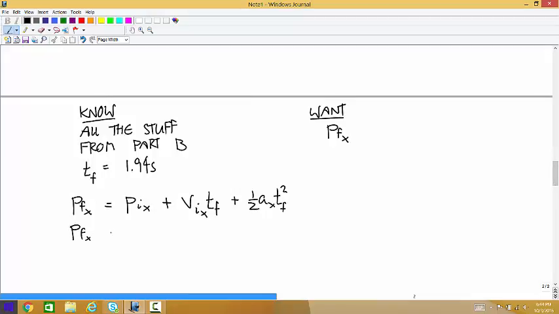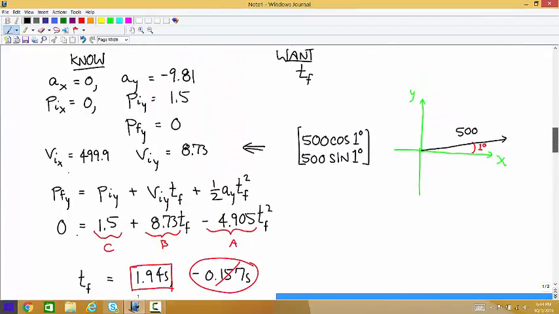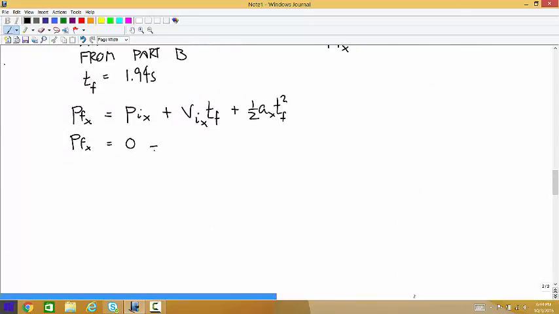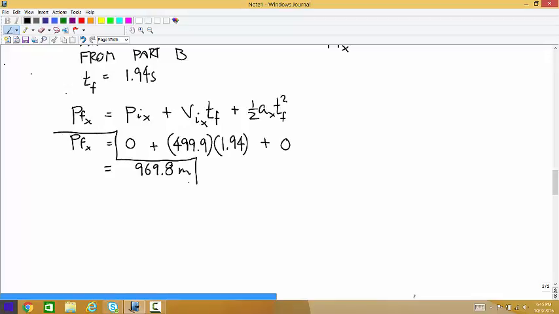So PFX is equal to 0 plus 499.9 times 1.94 plus 0 because AX is equal to 0. And what do you get for that? 969.8 meters, 1,000 meters, so over half a mile away.